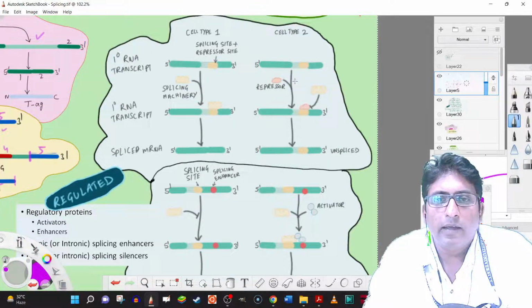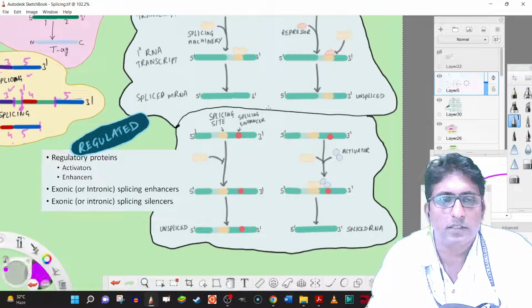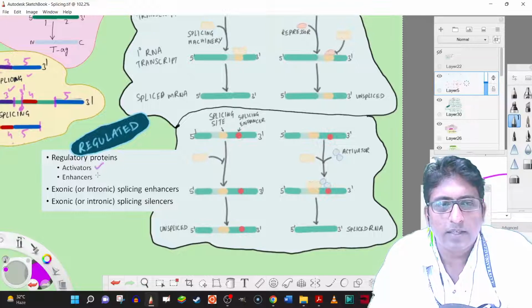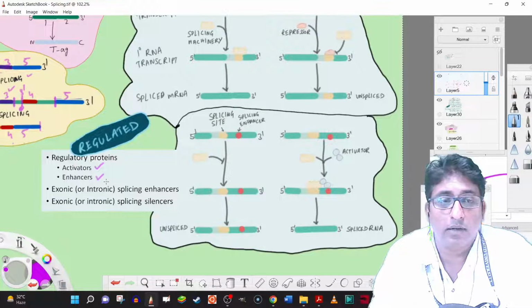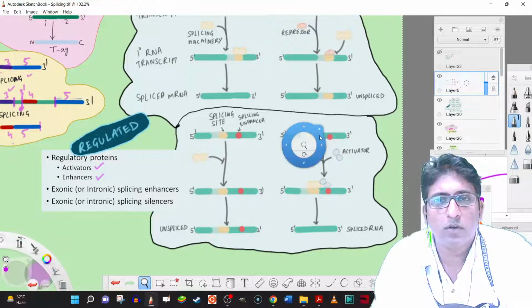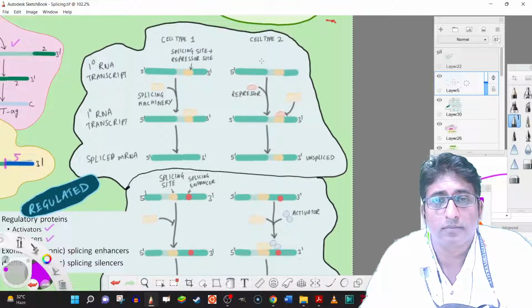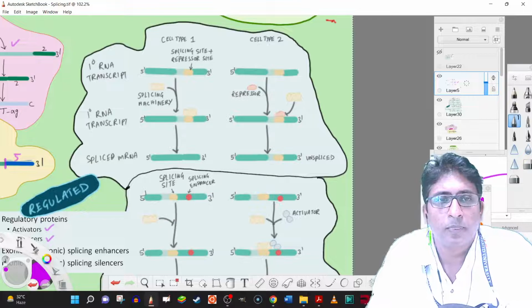These are controlled by certain proteins, referred to as factors, such as activators, repressors, and enhancers, several of them. We'll have a quick look at some of the general mechanisms.